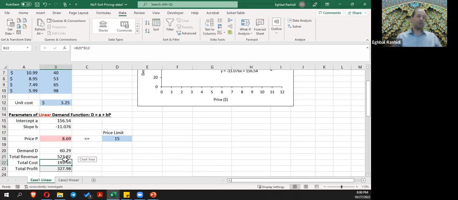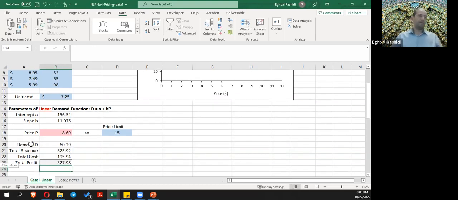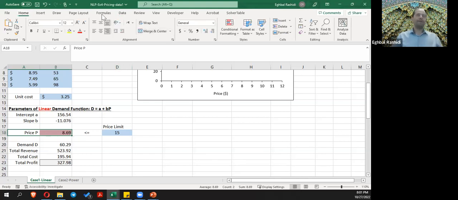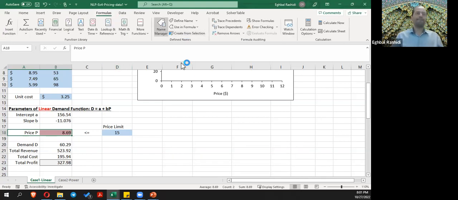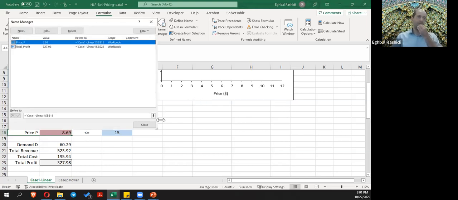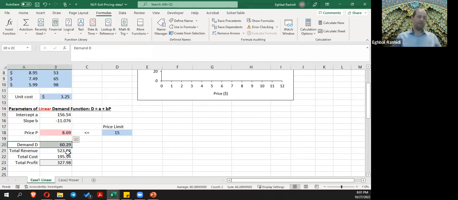And let me also check the total cost. Okay, that seems correct. And the profit is, maybe it's a good thing to name these. I already named the price. I'm going to also name the total cost.